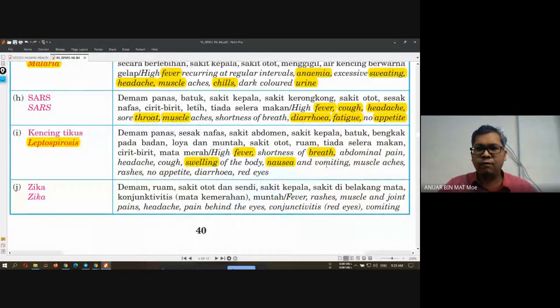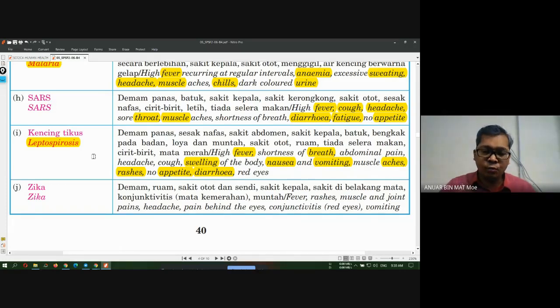Nausea, vomiting, muscle ache, rashes, no appetite, diarrhea, and red eyes. Leptospirosis, or kencing tikus, is very dangerous if you do not come early to treat the symptoms. Okay, there are many deaths related to leptospirosis.